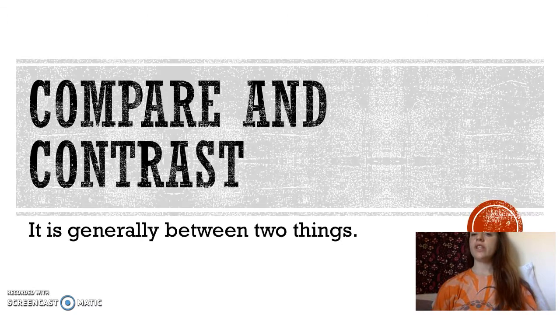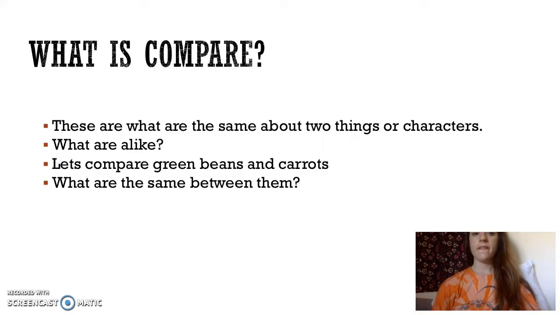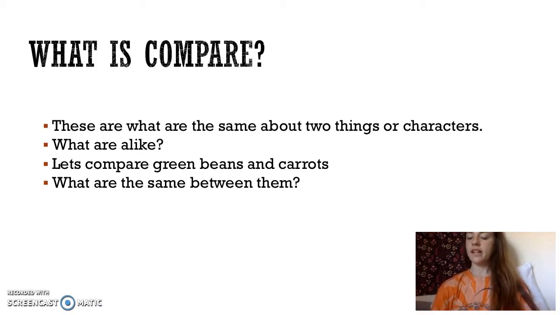Students, usually we use compare and contrast to pick between two things. What is compare? These are what are the same about two things or characters. What are alike? Let's compare green beans and carrots. What's the same between them?